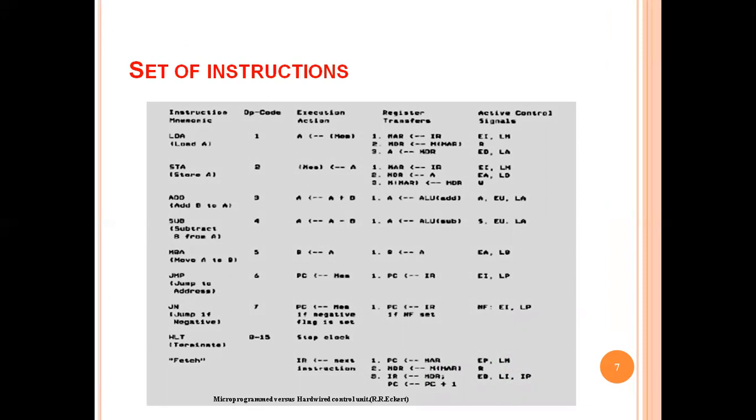If you write a high-level code, then you have to use some compiler, which will transfer your high-level code to assembly-level code. All of this code is assembly-level code. That means it has to be transferred from the high level to the assembly level code of a particular machine. This is the set of instructions used for this particular digital computer. So this is all assembly-level code. Clear?